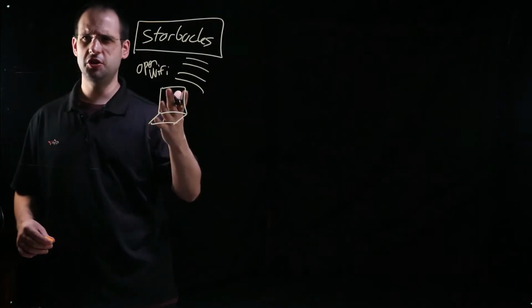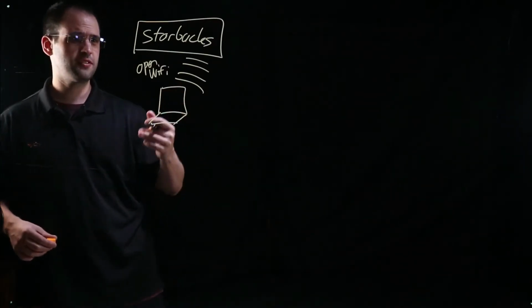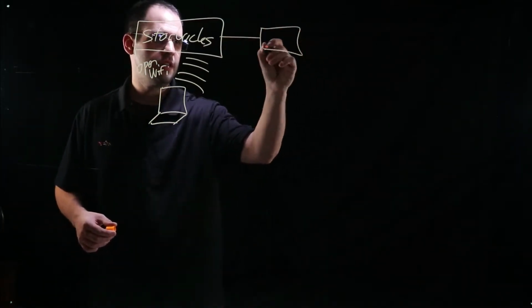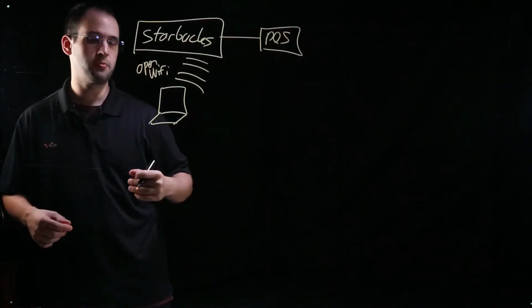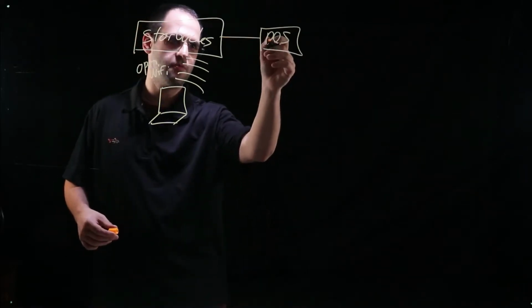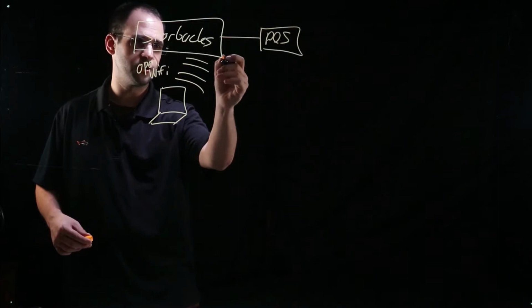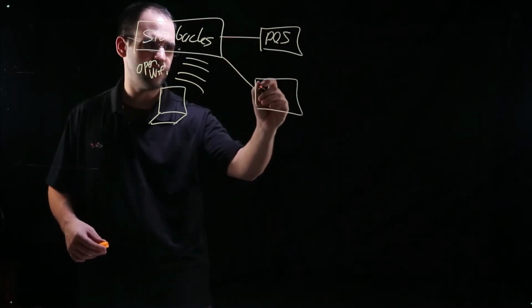But Starbucks doesn't just have an open Wi-Fi. Starbucks has many other systems inside of it. Each location might have inside of it a POS system. Now it's not a piece, it's a point of sale system. There might be a point of sale system running inside here, and that's probably going to have a network connection. Starbucks also has network connections on its coffee makers.